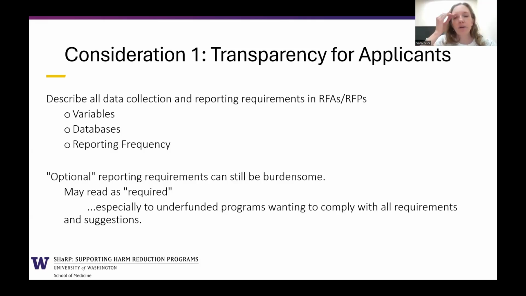We also have heard that requirements that are considered optional can still be burdensome, and often they are read as being required, since many programs are simply hoping to please their funders in order to maintain their funding levels, since, of course, harm reduction programs are often so under-resourced and scarce.